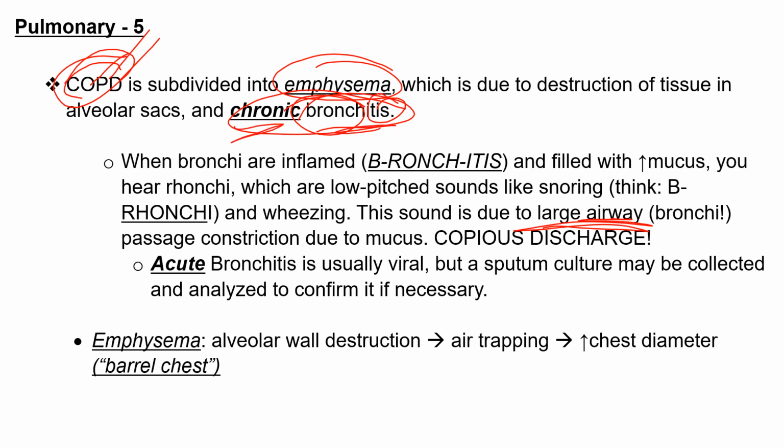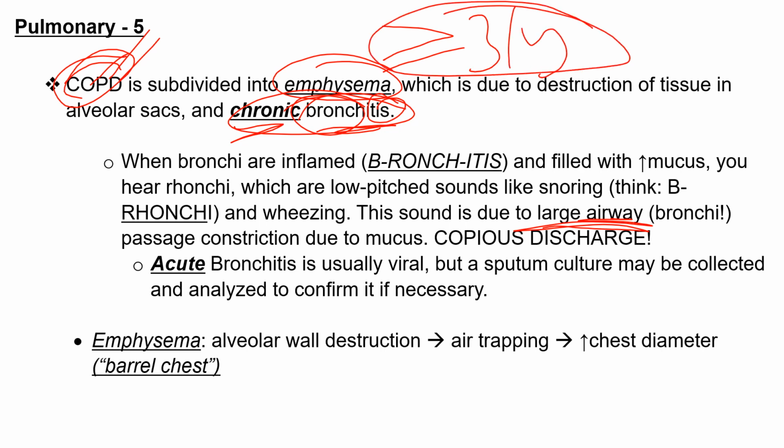What does chronic mean? We have defined chronic in terms of months, literally. So it's 3 or more months per year. A patient who has productive cough, productive meaning producing a lot of mucus, for 3 or more months per year for the duration of 2 years or more. So quite a chronic state.